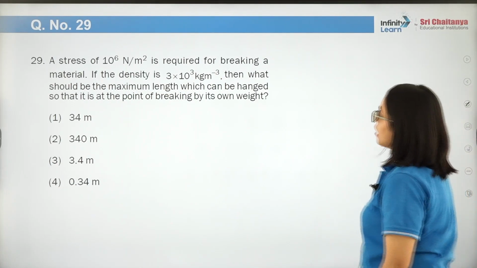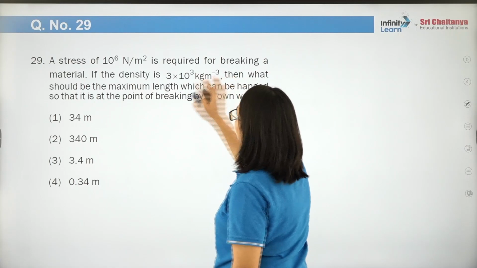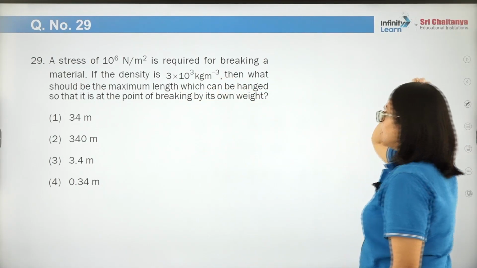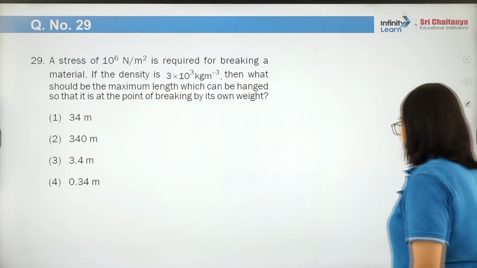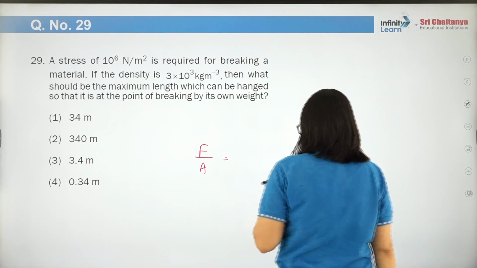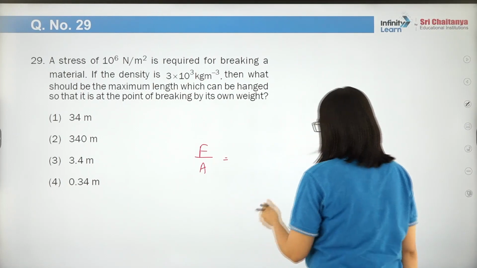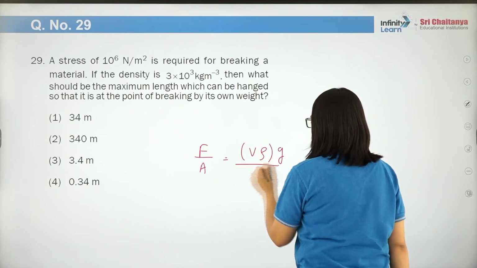Question number 29. A stress of this is required for breaking a material. If the density is this, then what should be the maximum length which can be hanged so that it is at the point of breaking by its own weight, right? So breaking stress is force upon area, which is equal to mg upon area. So mass is volume into density, into g, divided by area.